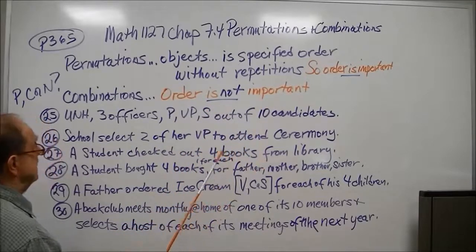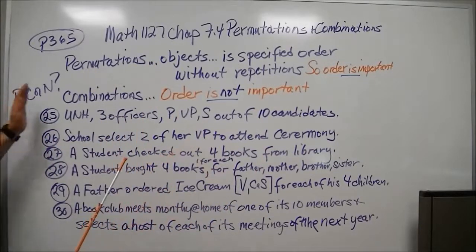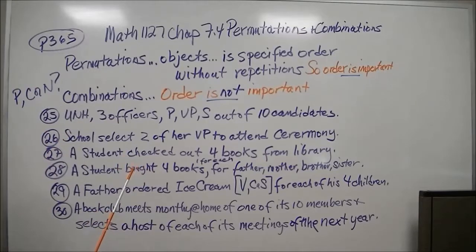And we'll get into the particular formulas. But one of the things you're asked as you do your quiz bees is to identify what they're asking you. Can you identify whether they're asking you a permutation, or is it a combination? Or in some cases, and you'll see this in your quiz bee, is it neither?